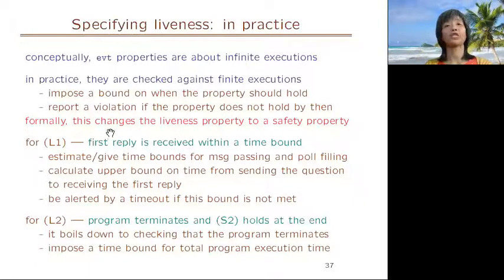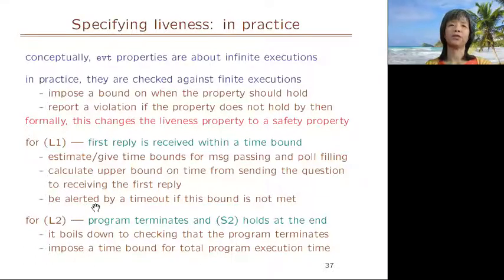Formally, this actually changes the liveness property to a safety property. So for L1, the first reply is received within a time bound. That's really what it says if you want to make that into a bounded, finite execution. To do this in practice, you estimate or give time bounds for message passing and the polling time, and you can use that to calculate an upper bound on the time from sending the question to receiving the first reply.